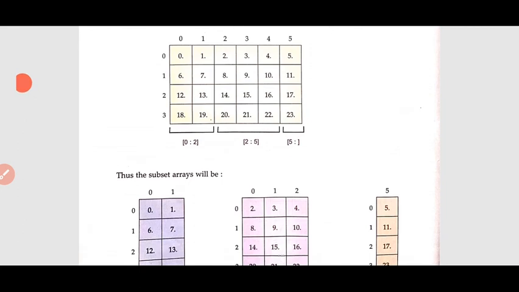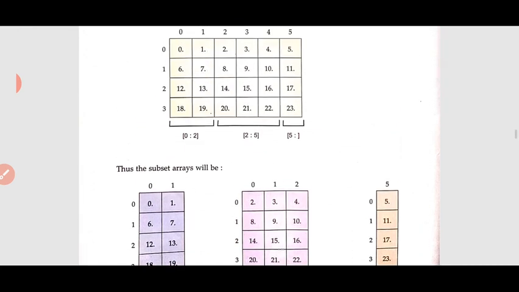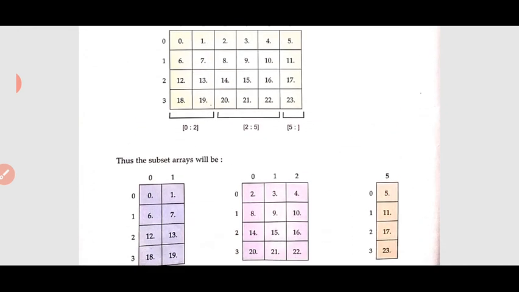So like this we get our 3 subsets: 0, 1, then 2, 3, 4, and 5. This is our subsets. In this, yellow color is the pre-existing array and these 3 different colors are our subsets.